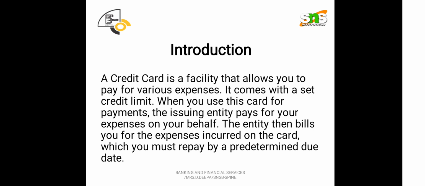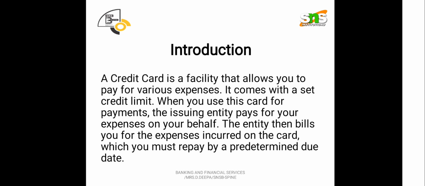See here, the meaning is, it is a facility that allows you to pay for various expenses. It comes with a set credit limit. When you use this card for payments, the issuing entity, that company, pays for your expenses on your behalf.